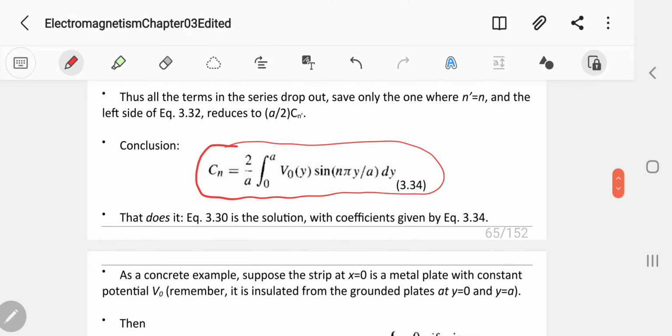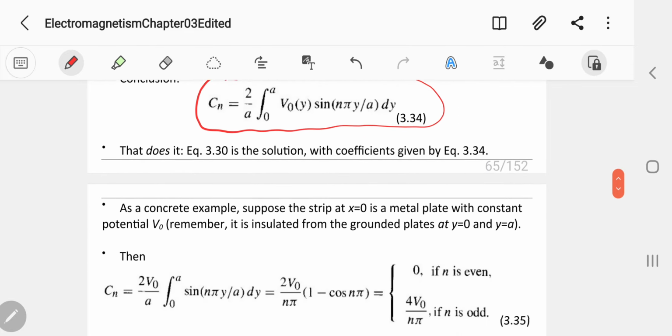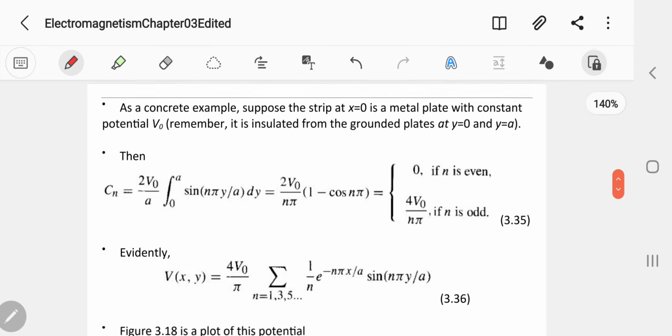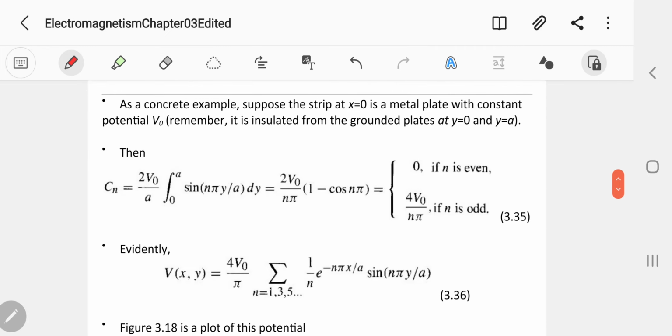So as a concrete example, suppose that at x equal to 0, the metal plate has a constant potential V, for example.